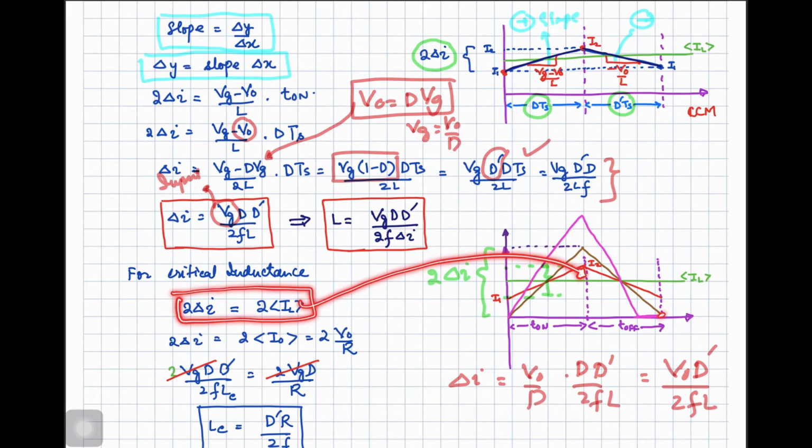If this is the case, you will be right at this point. Your current waveform will be like that, at the point of discontinuity.